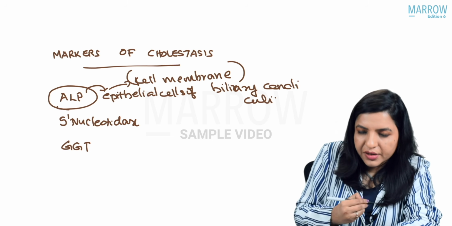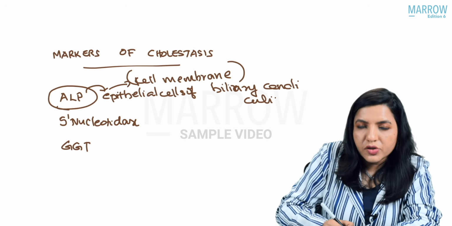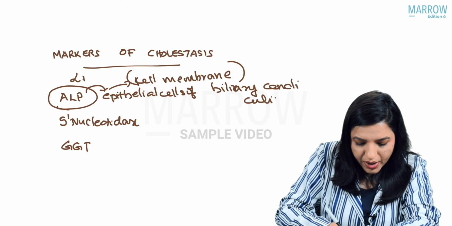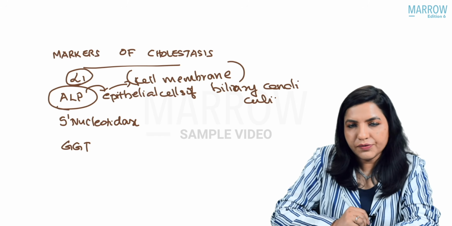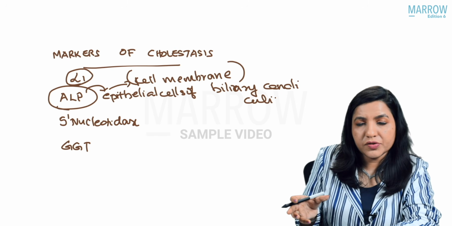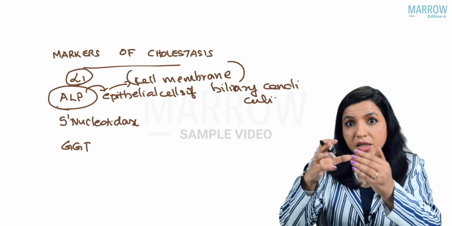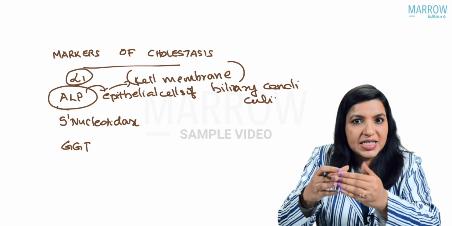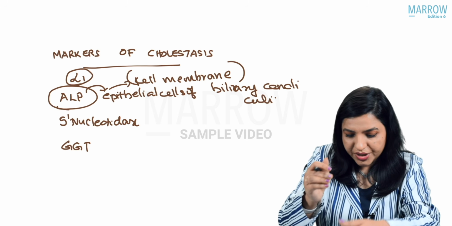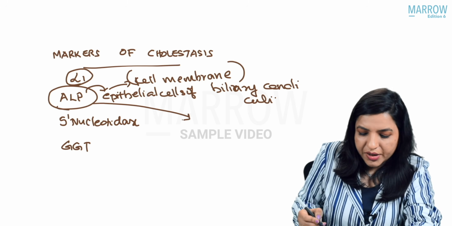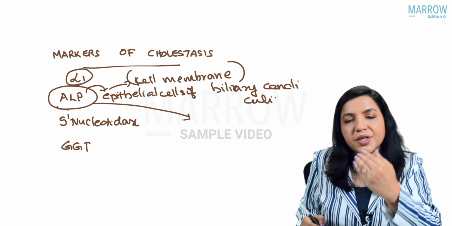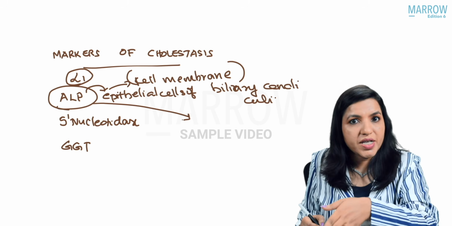The isoform present in the biliary canaliculi is alpha-1 alkaline phosphatase. As I told you, marked elevation of alkaline phosphatase is seen in obstruction, so in cholestasis, marked elevation is seen. There are two types of cholestasis: it can be within the liver or outside the liver.